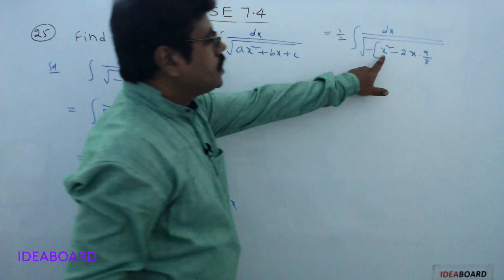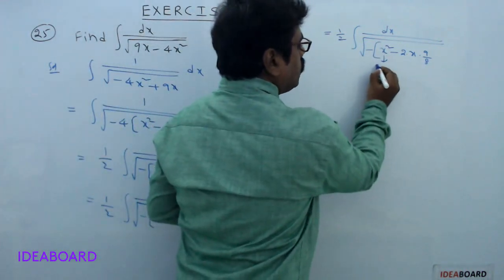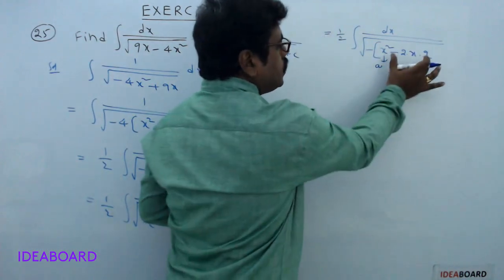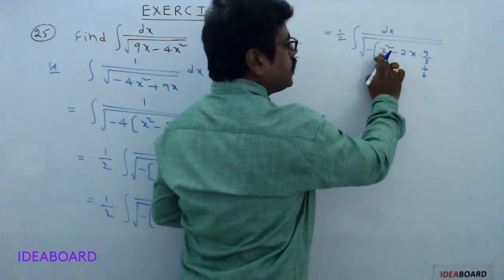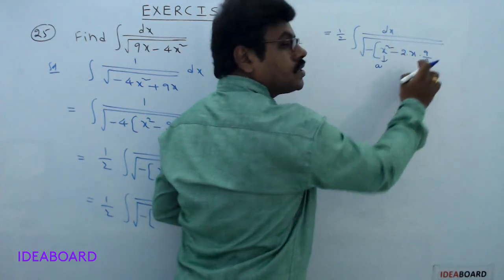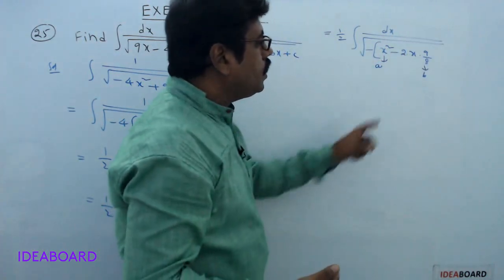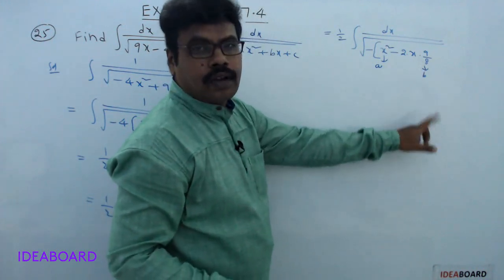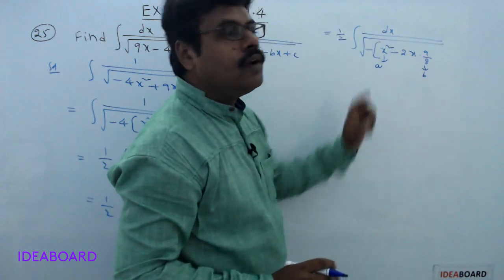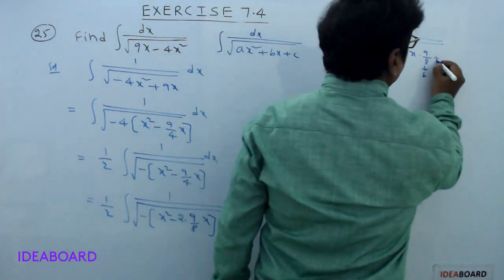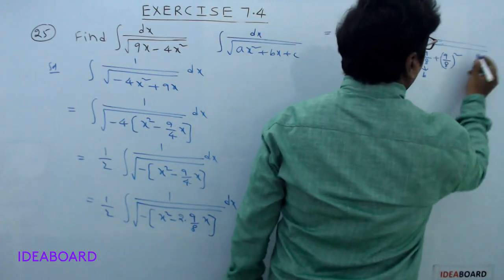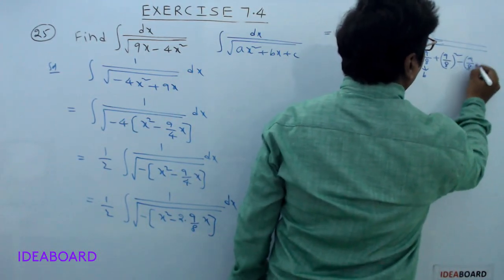Here if you consider this x as a and this 9 by 8 as b, this expression is of the form a square minus 2ab. To convert this expression into a perfect square, we need 9 by 8 whole square. So we add and subtract 9 by 8 whole square. So this is plus 9 by 8 whole square minus 9 by 8 whole square.